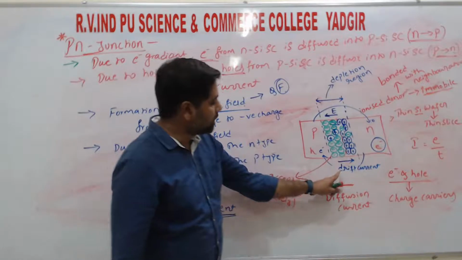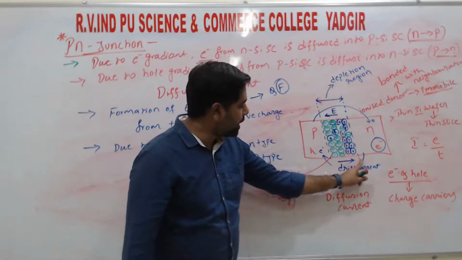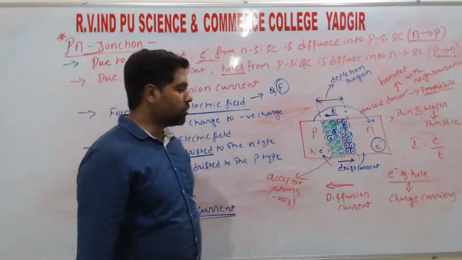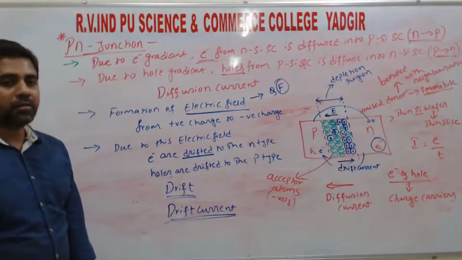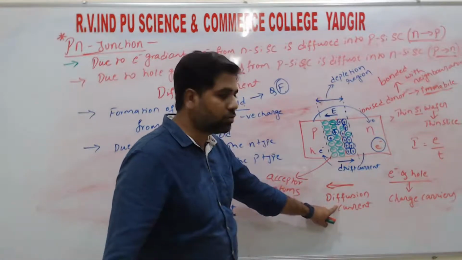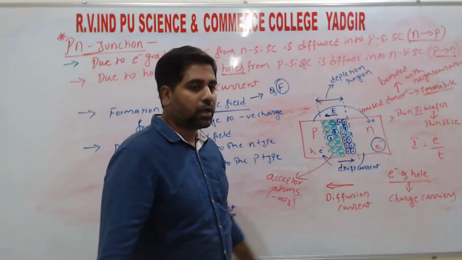Now observe here, the drift current is from left to right and diffusion current is right to left. So that one is also one point, right? So in a PN junction, drift current is always opposite to that of the diffusion current.